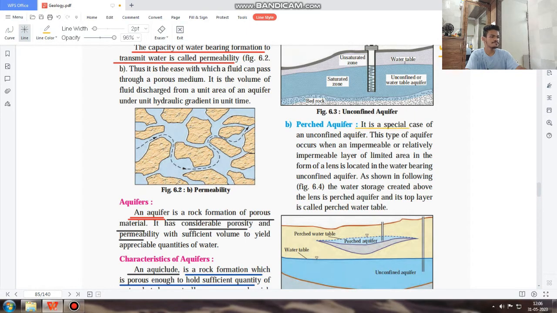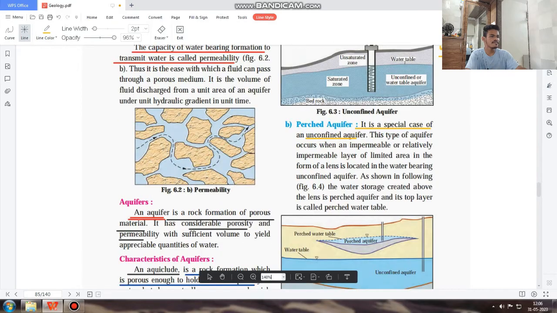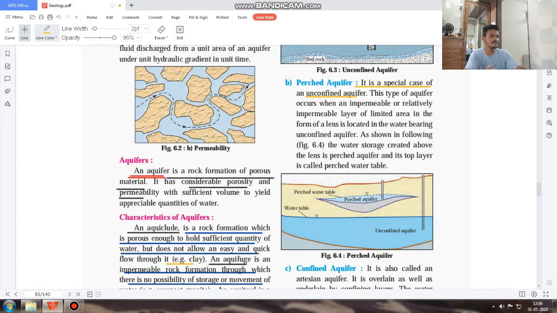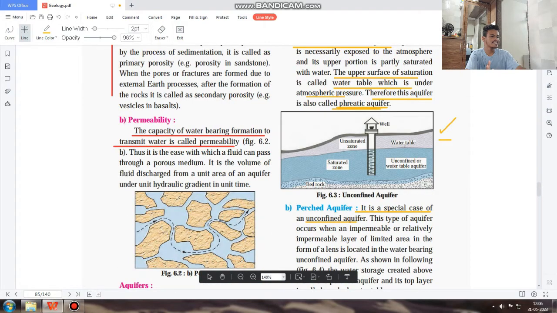Next we move on to perched aquifer. It is a special case of unconfined aquifer. What is the special case? You can see this thing over here, this is the difference. You can see this solid layer here, and this layer is present here also.